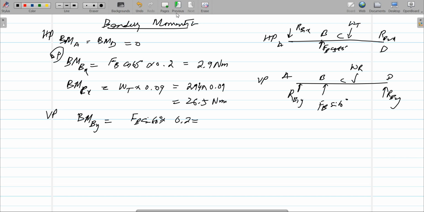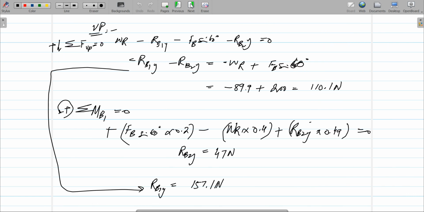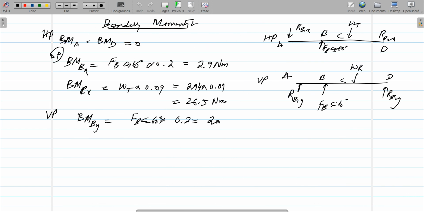FB sin 60 is 200. So 200 into 0.2 is 40 Newton meter. Similarly, the bending moment at C in the y direction, or in the vertical plane, is WR into 0.09, and this is again with a plus sign because it's anti-clockwise.